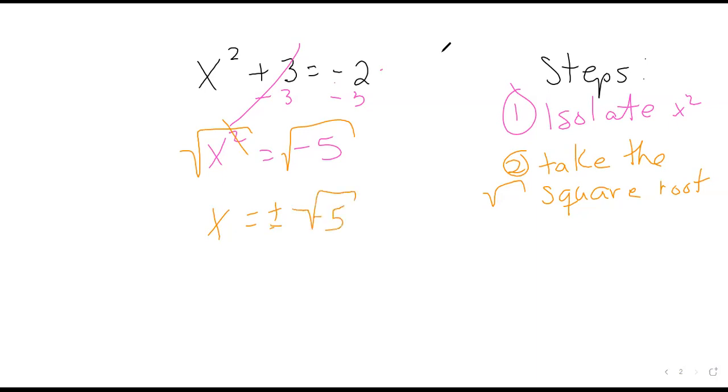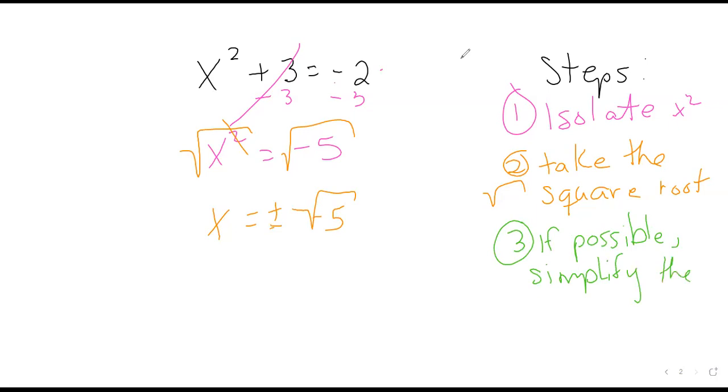So then step 3, if possible, simplify the square root. Now, what do I have here that's different from the other one that I just did?